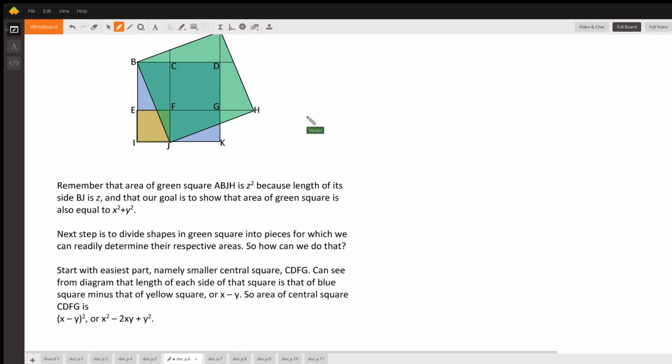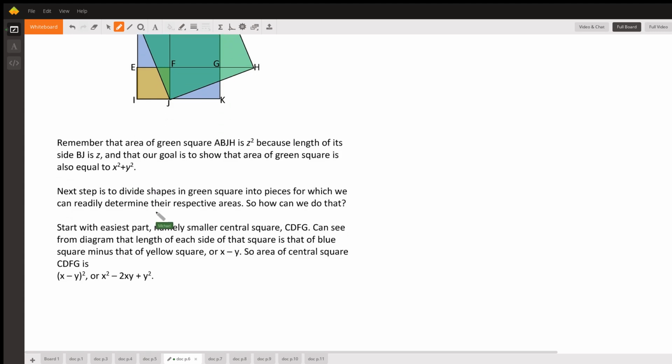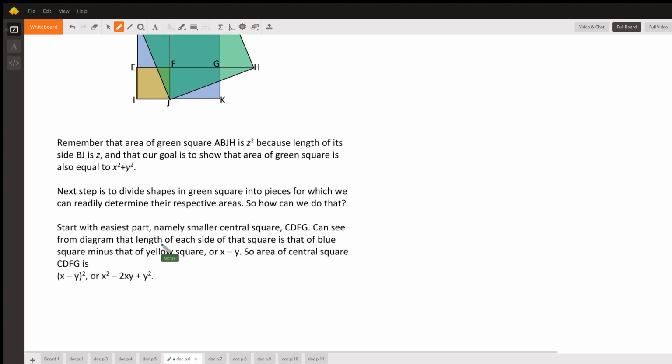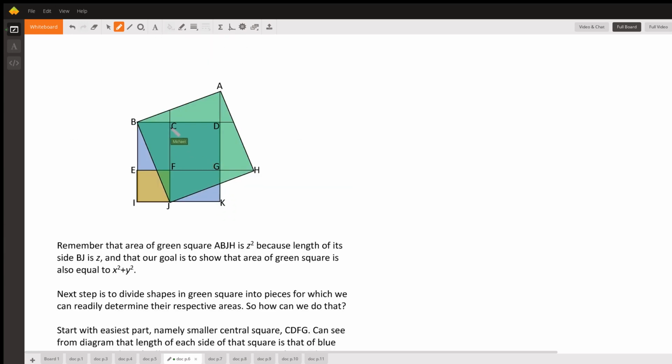Our goal is to show the area of the green square is also equal to x squared plus y squared. So the next step is to divide the shapes in the green square into pieces for which we can readily determine their areas. So how can we do that? Let's start with the easiest part. This inner square here.